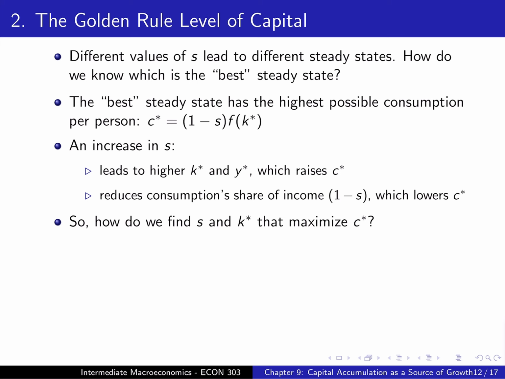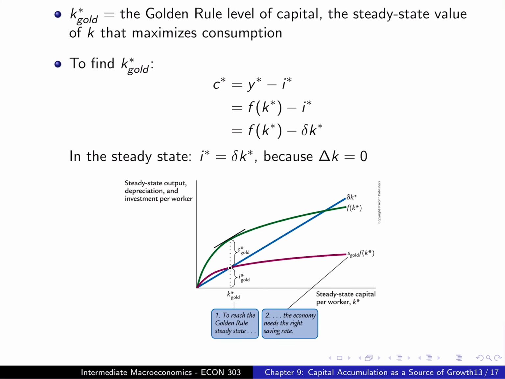So the question is, how do we find the values of lowercase s and lowercase k star that maximize lowercase c star? Now we introduce the concept of the golden rule level of capital, denoted as lowercase k star gold. This is the steady state level of capital that maximizes consumption per worker in the long run.